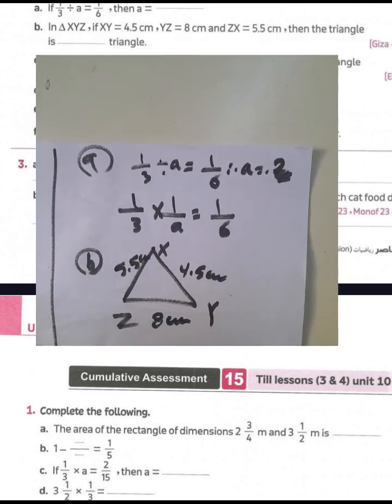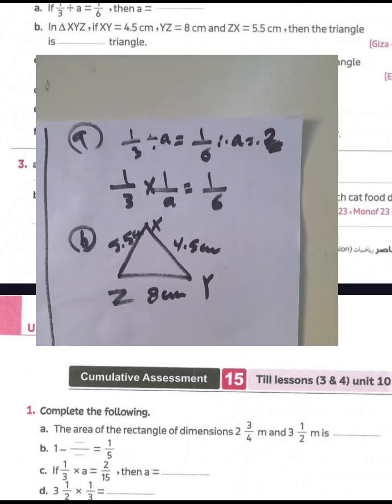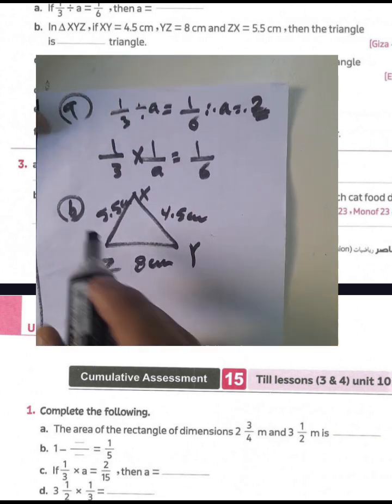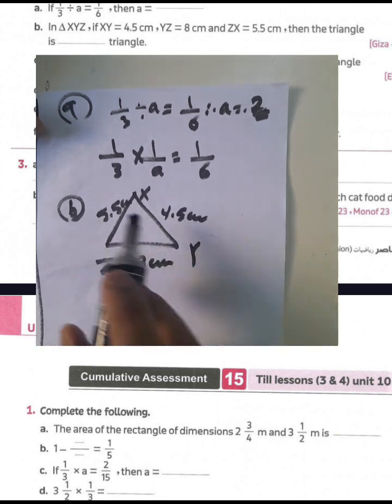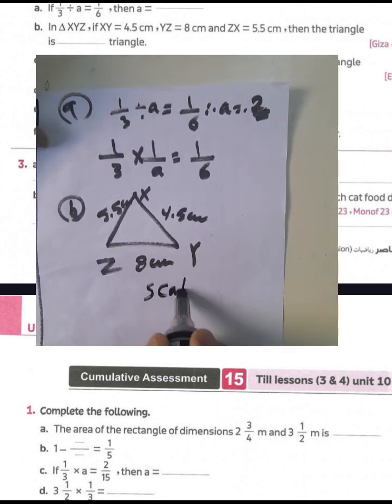Then we can write scalene here. Understood? Because all sides are not equal in length. But if all sides are equal in length, we call it an equilateral triangle. If we have two sides equal in length, we call it isosceles. So in this triangle, we have three sides that are different. Then we call it a scalene triangle.